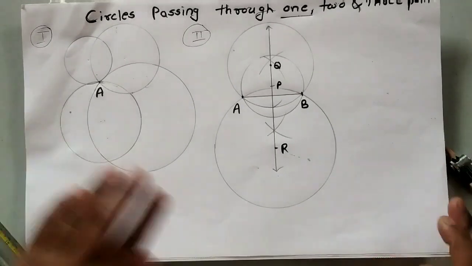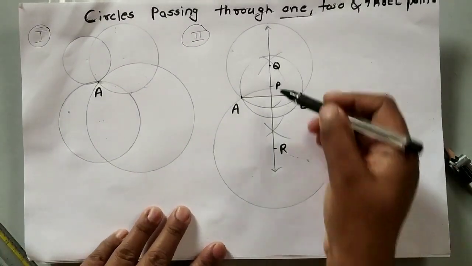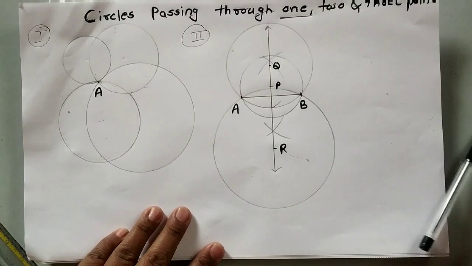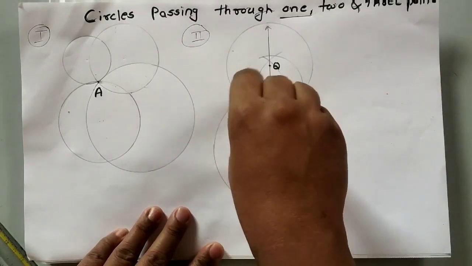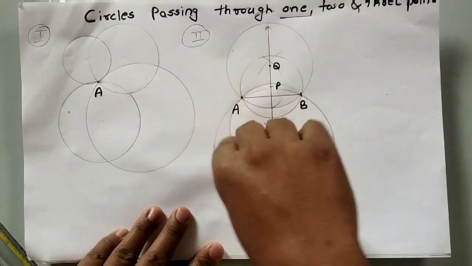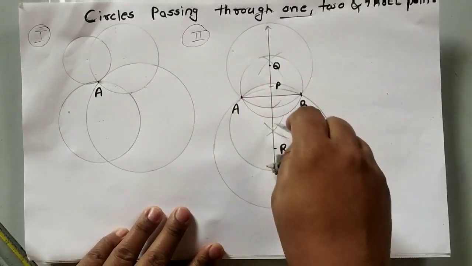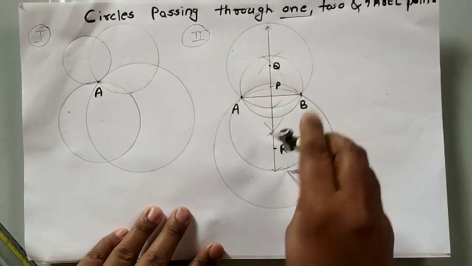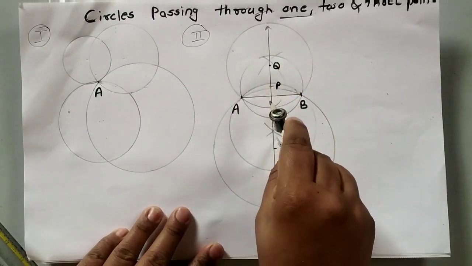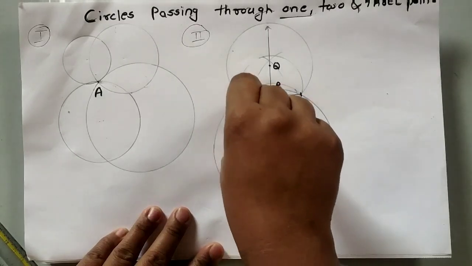above and below on both sides, and you will see that we can draw innumerable circles passing through point A and point B. You just see here how many circles I am drawing. I had already drawn so many circles which are passing.